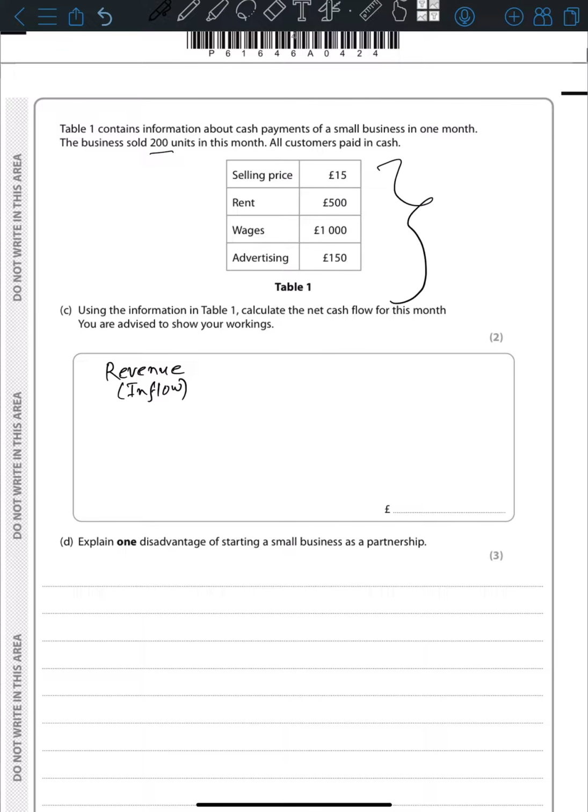So basically net cash flow, NCF, just net cash flow, is inflow minus outflow. That's my net cash flow. So for inflow, we have revenue. That would be 15 times 200 because revenue is quantity times price. 15 times 200, 3,000.